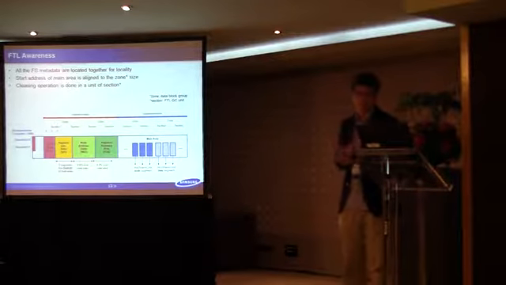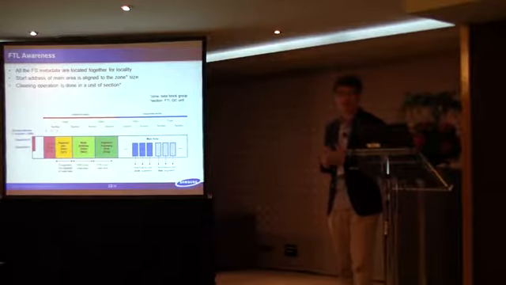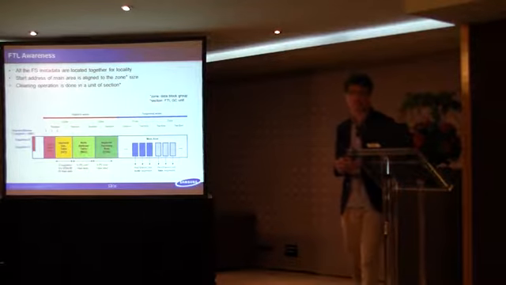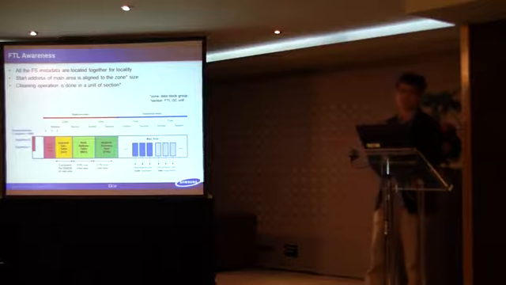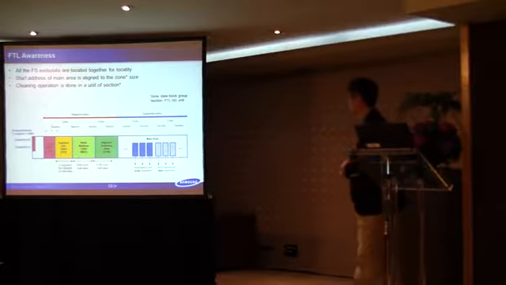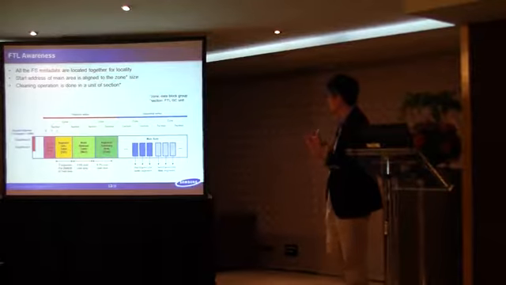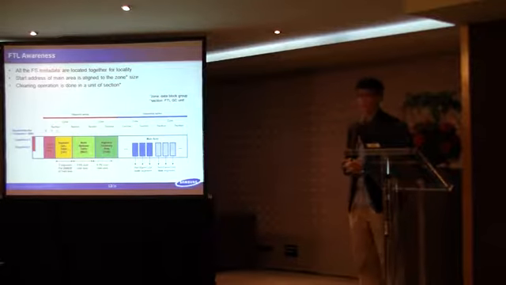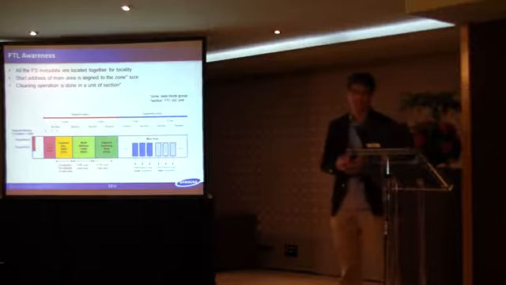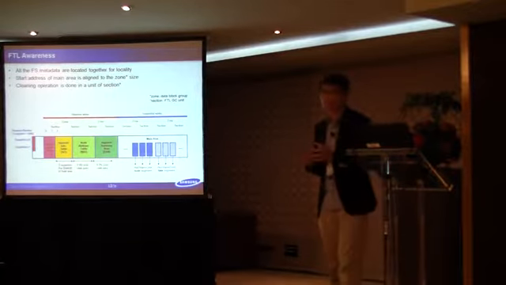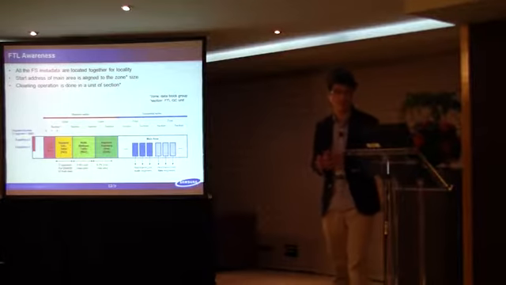Hot data means data that is very frequently updated, so it is merged together in a hot data segment, and cold data, which is not updated very often, is merged together. So that helps. We can reduce the cleaning cost in the file system and also in the FTL.